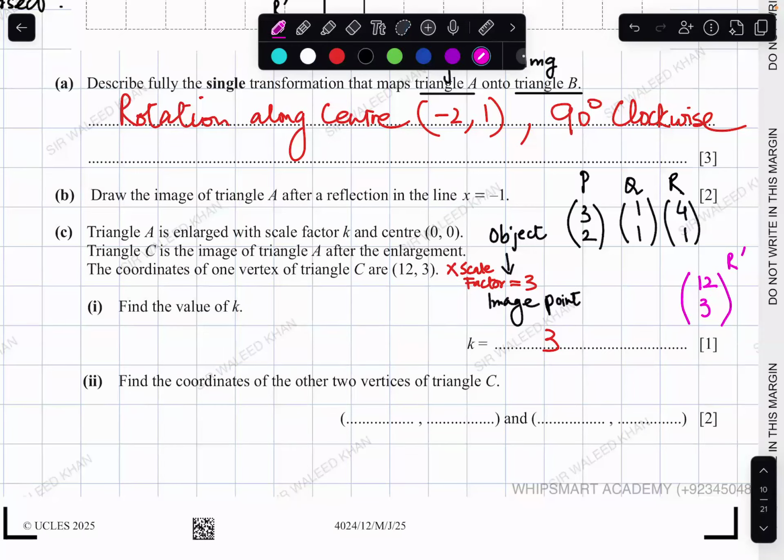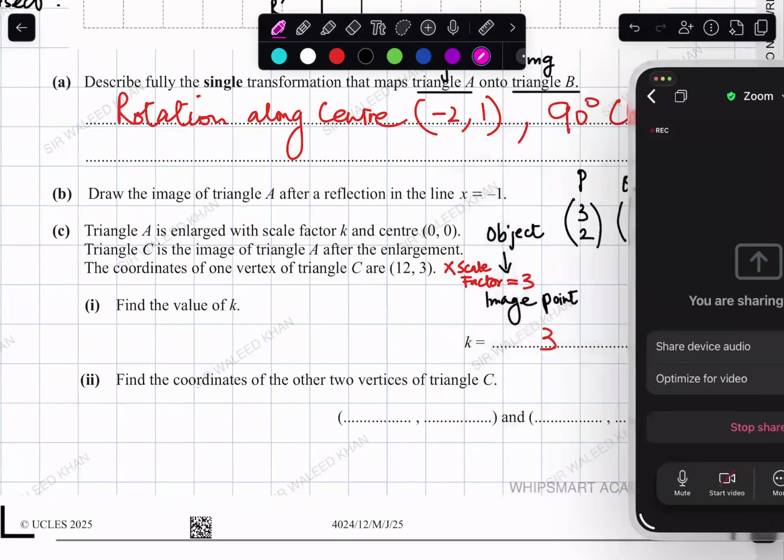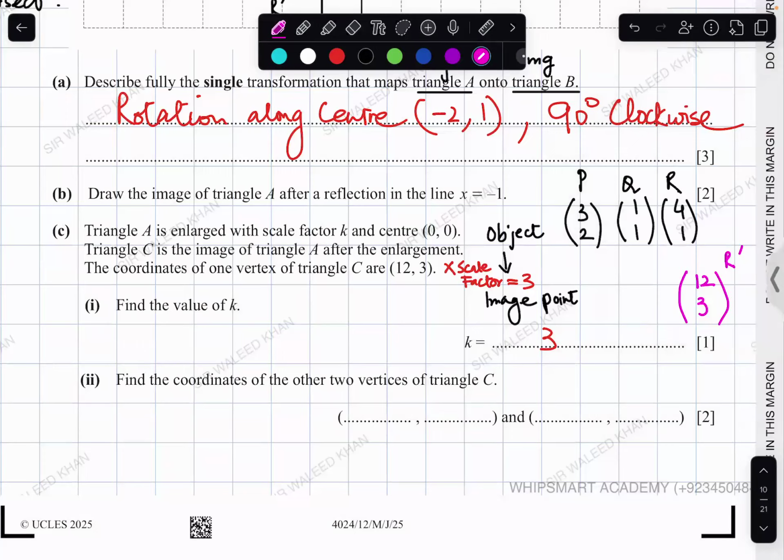Can you hear me? What are the coordinates of the other 2 points? 3, 2, and 1, 1. No, not the object points, the image points. What should I do?